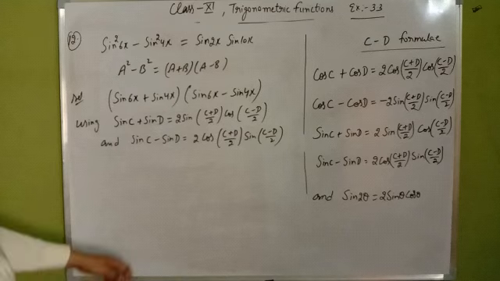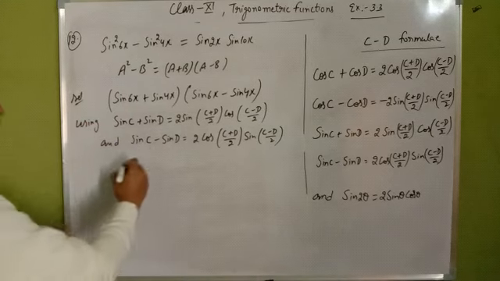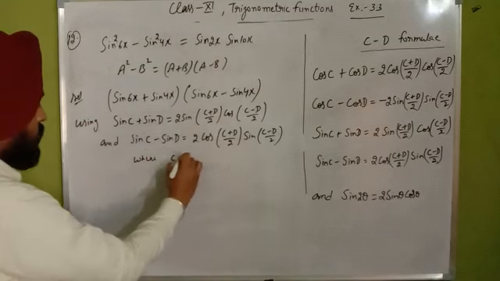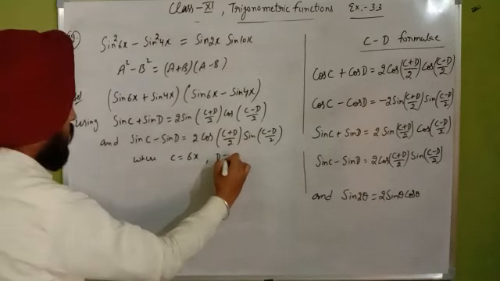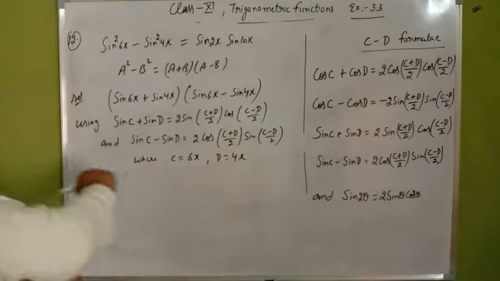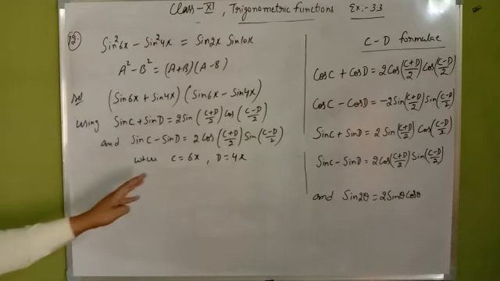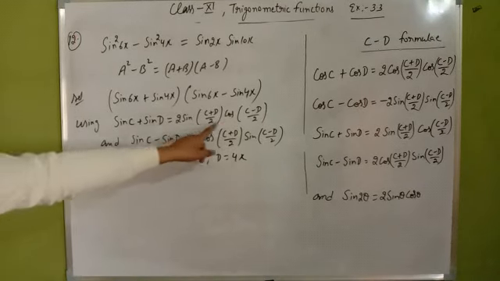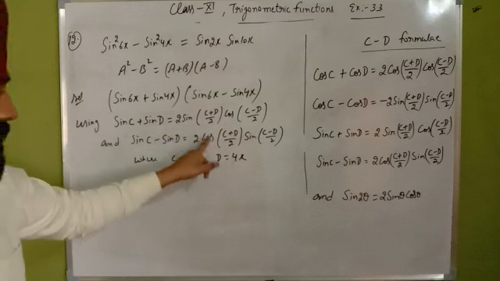Here c equals 6x and d equals 4x, in both formulas. Clear? Now we just put the values of c and d in the right hand side of both identities.